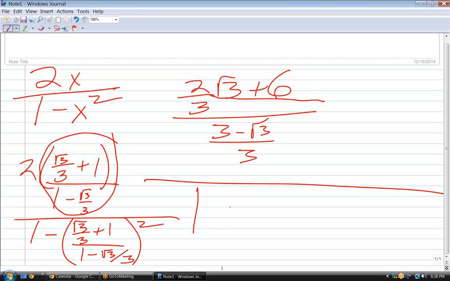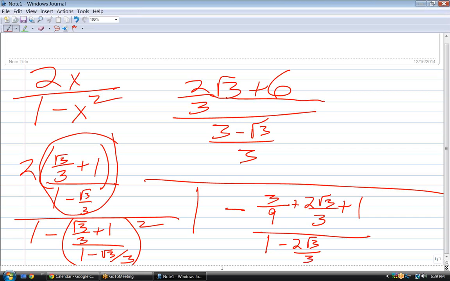In other words, all right, let's square this. If I square the top, I get 3 over 9 plus 2 times root 3 over 3 plus 1. That's this numerator squared. And then let's square the denominator. I get 1 minus 2 root 3 over 3 plus 3/9.